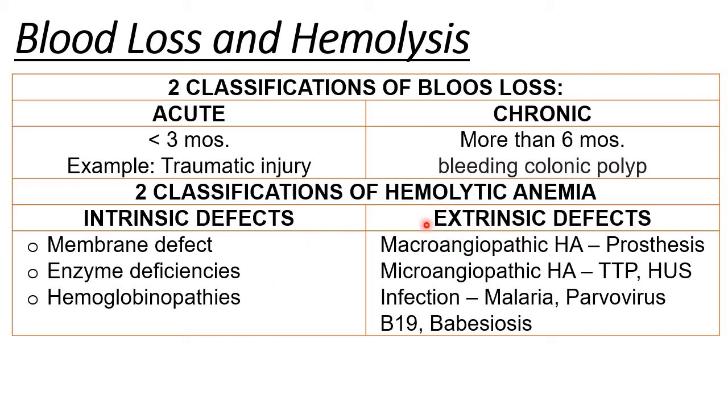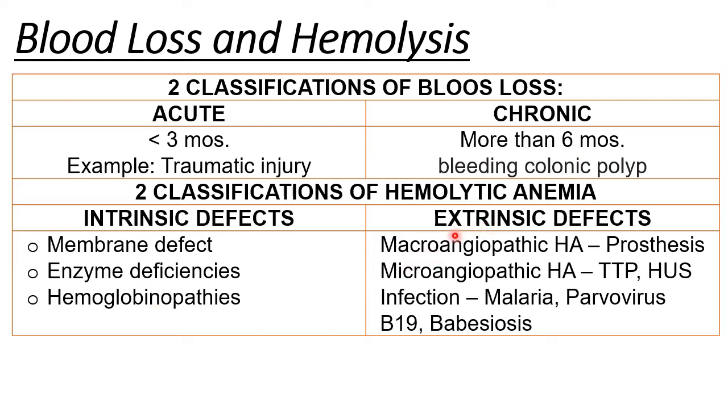I-discuss naman natin yan later on, no? Overview lang. Intrinsic defects may be caused by membrane defects, enzyme deficiencies such as your G6PD and pyruvate kinase, hemoglobinopathies, example natin dito, sickle cell anemia, and thalassemia.